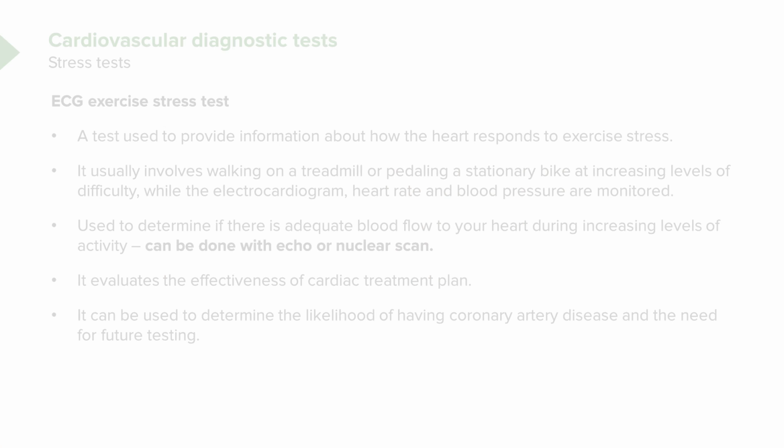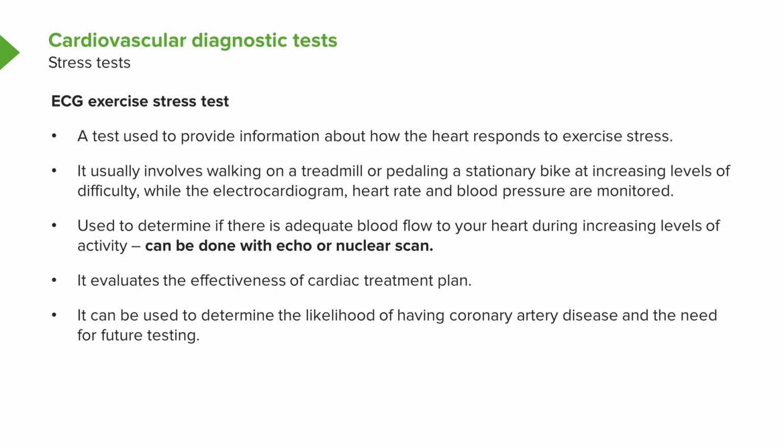So when we're doing the EKG exercise test, it's either done on a bicycle or a treadmill. We record the electrocardiogram continuously, and then we decide, based upon the response of the electrocardiogram, whether there was a suggestion of ischemia or not.